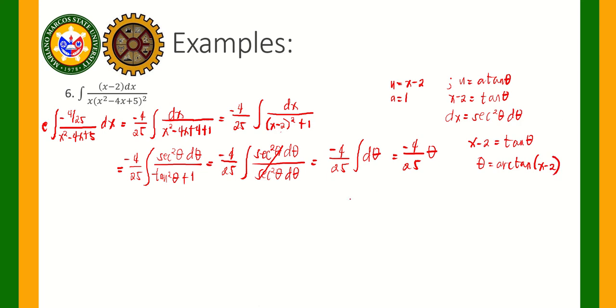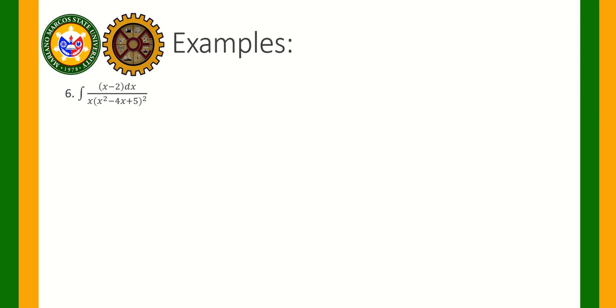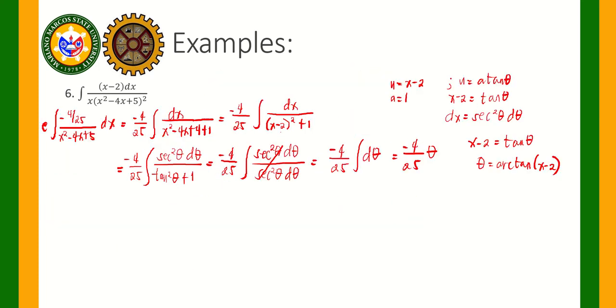So, yun yung i-plug natin dito. So, this will be equal to negative 4 over 25 arctan x minus 2.